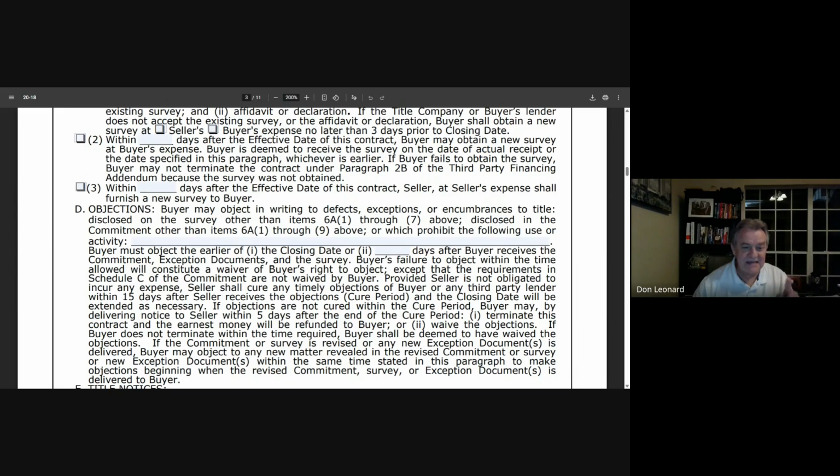Section D says if something is disclosed on the survey, once the survey gets done, then I've got a certain number of days to complain about that. This is totally separate from the option period. I'm glad you brought it up, Brittany, because this little blank gets missed so often.